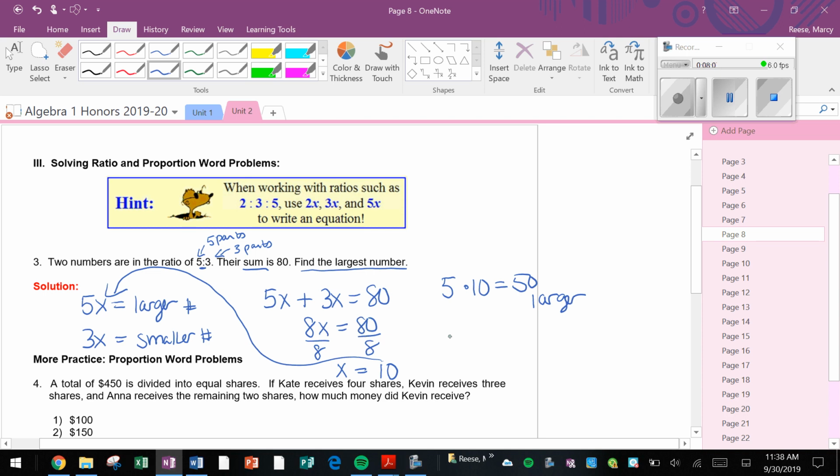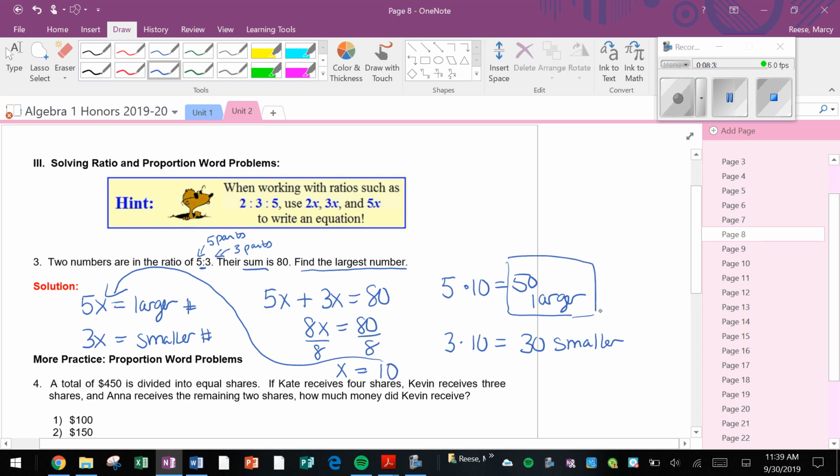And then, just so you know for the record, 3 times 10 would be the smaller number. So I look at that x as parts. I got 5 parts to the larger number, 3 parts to the smaller. When I figure out what that part is, or that x value, then I plug it in, and it's 50, and I want the larger number, so that's my answer.